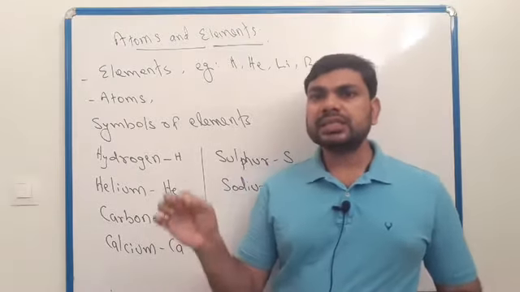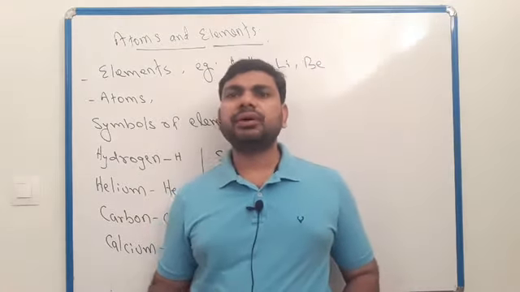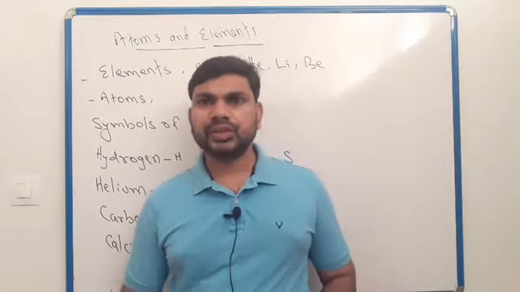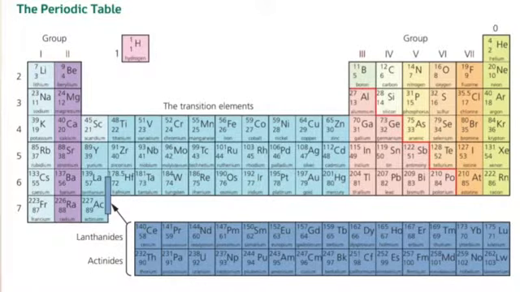Next we have to understand symbols of elements. Here is the periodic table. There are more than 100 elements, and all these elements are included in a table. This table is called the periodic table.